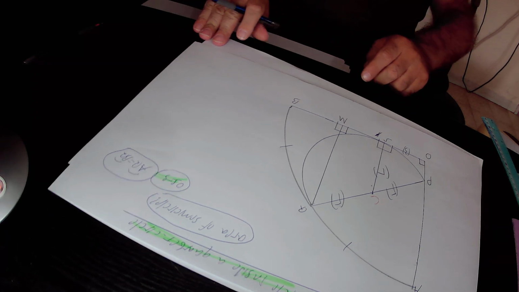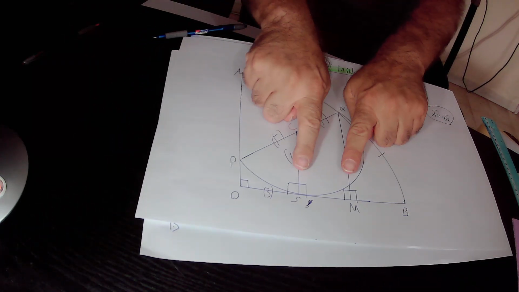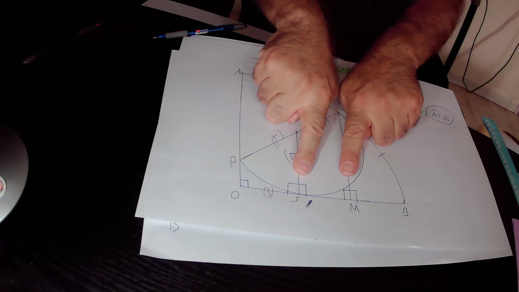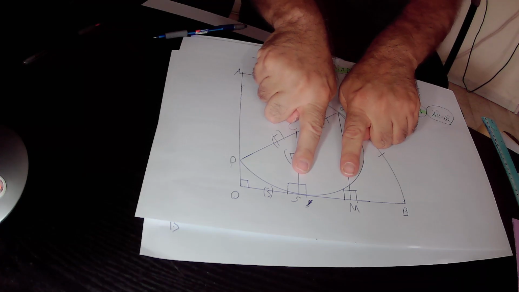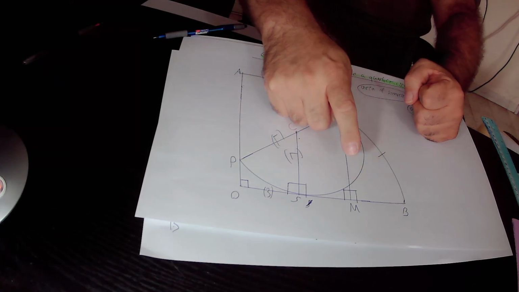Repeat again. Those two angles equal 90 degrees plus 90 degrees, that is 180 degrees. So the sum of those two angles is equal to 180 degrees, and therefore they must be located between parallel lines. That is to say, CS is parallel to QM.